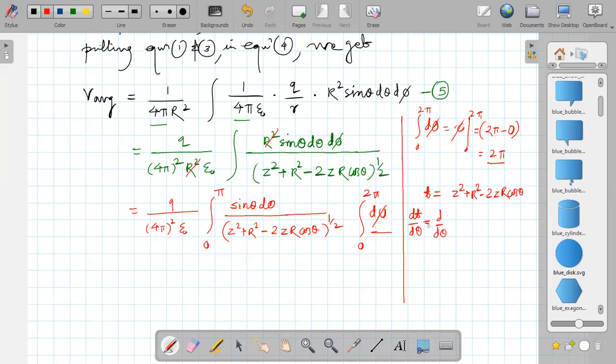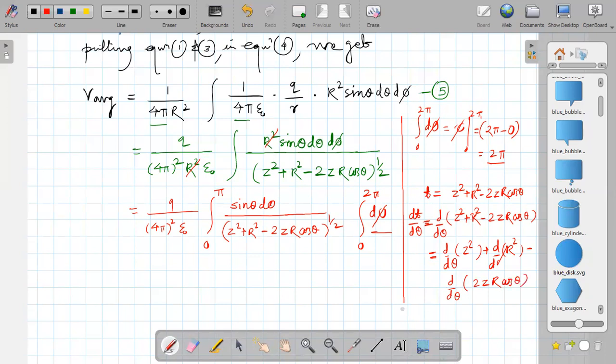d by d theta of z square plus r square minus 2zr cos theta, is equal to d by d theta of z square plus d by d theta of r square minus d by d theta of 2zr cos theta.